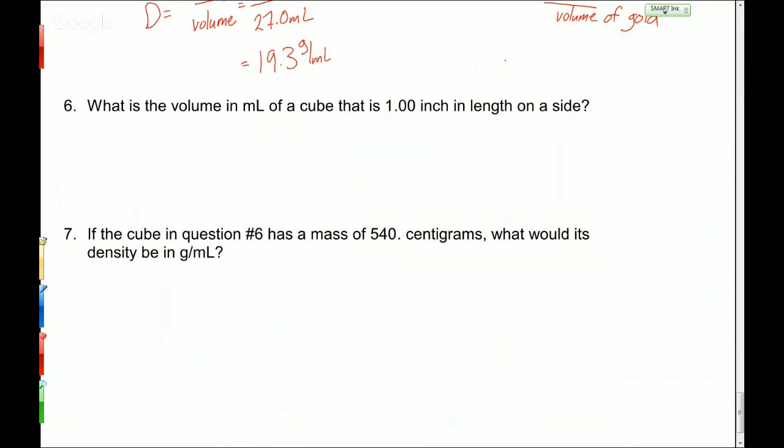So first, in order to do that, we need to do some conversions because we know how to deal with milliliters and centimeters because a milliliter is a cubic centimeter, but we don't know about inches. So 1 inch equals 2.54 centimeters. And now see if you can calculate the volume of that cube.